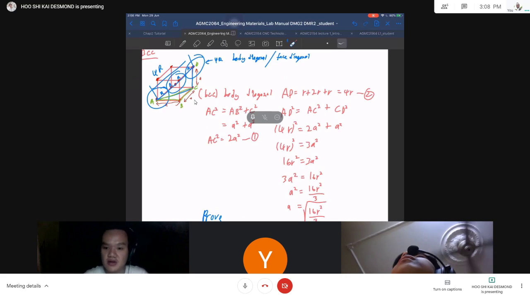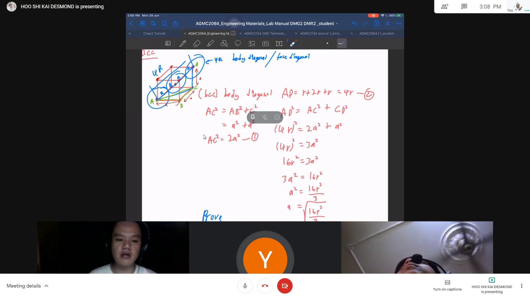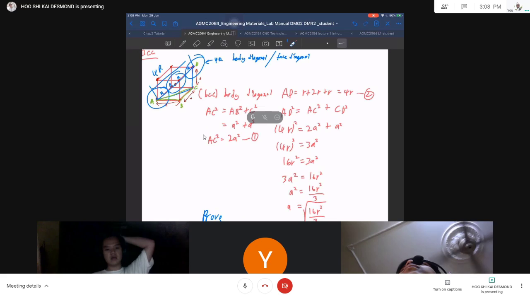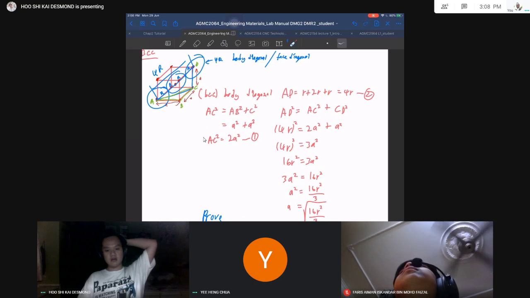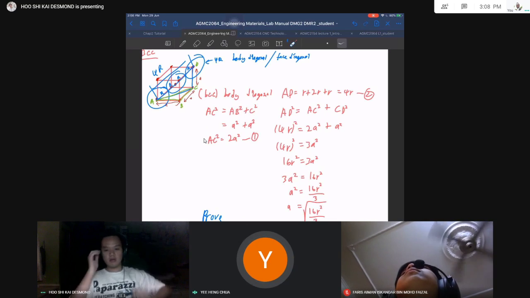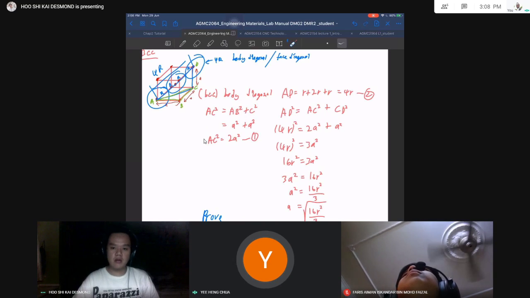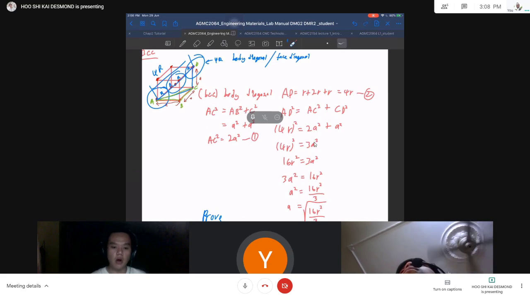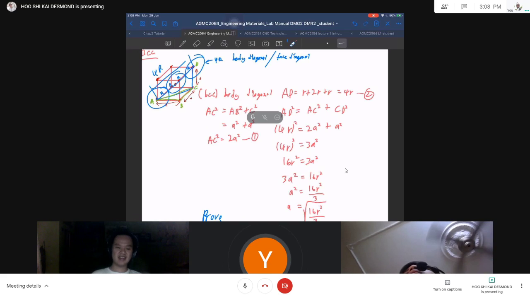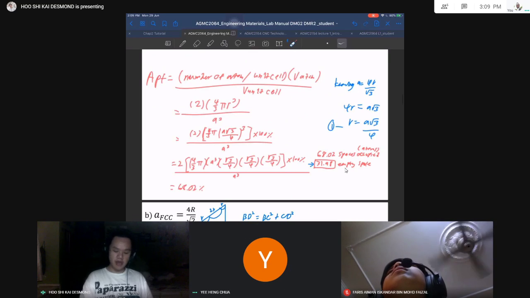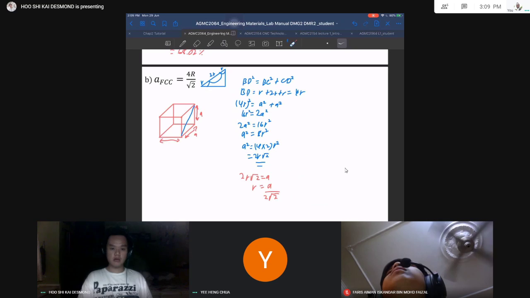But then where got? AC equals AB and BC. You see, here, below the BCC things. Then AC squared equals to S. Yeah, then why here only, FCC only?